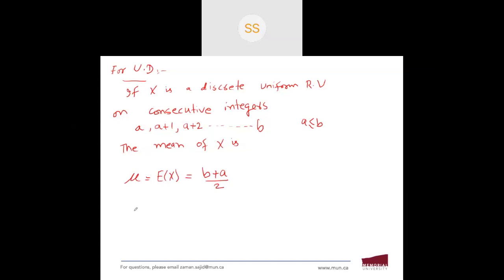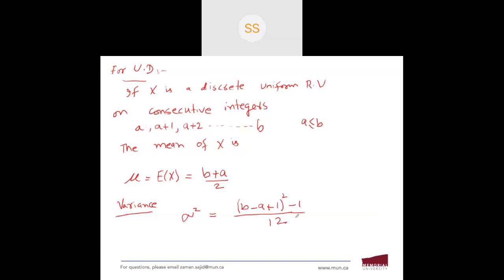Now for the variance, the formula is sigma squared equals b minus a plus 1 whole squared minus 1, over 12.